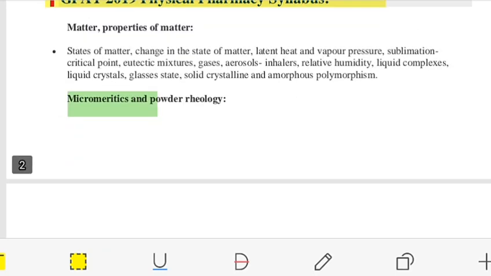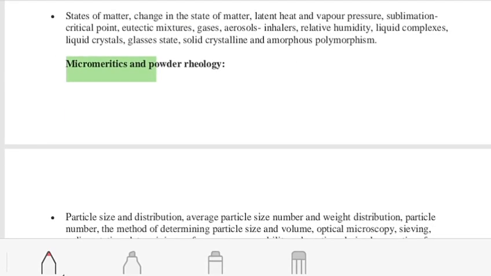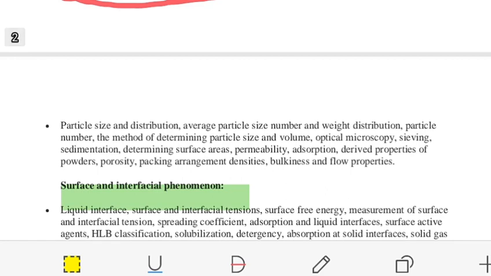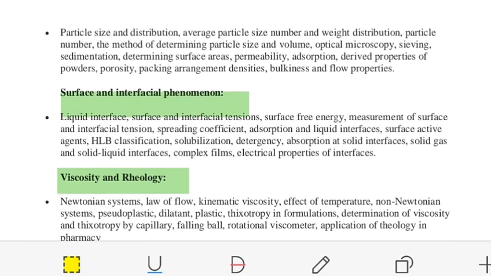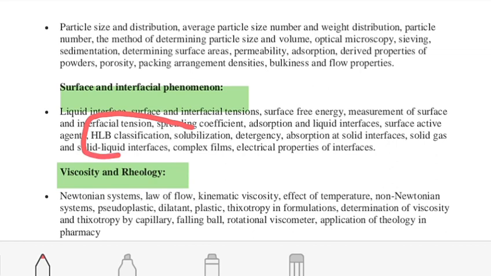And every year one bit is expected from micromeritics and powder rheology, that you need to focus on. Mainly viscosities also you have to focus on. And in surface and interfacial phenomena, here you have to focus on the HLB classification, very important.